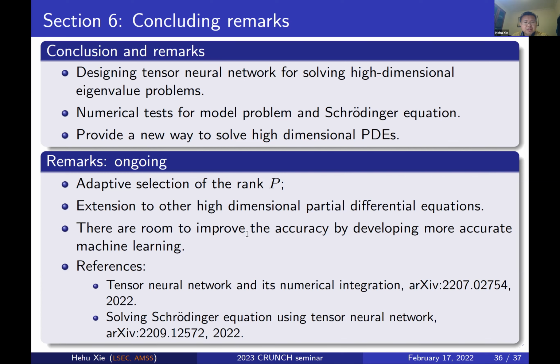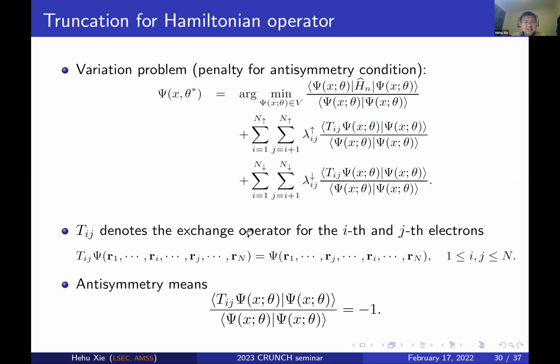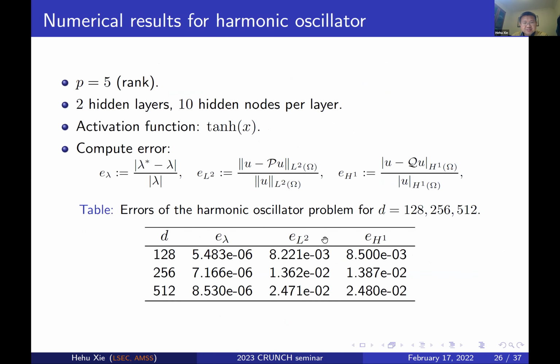For example, we can find that the accuracy is not so good for the eigenfunction, even when we have a very accurate eigenvalue.